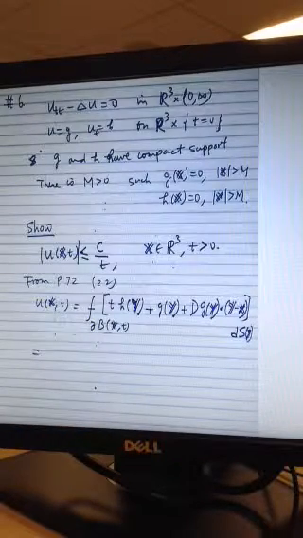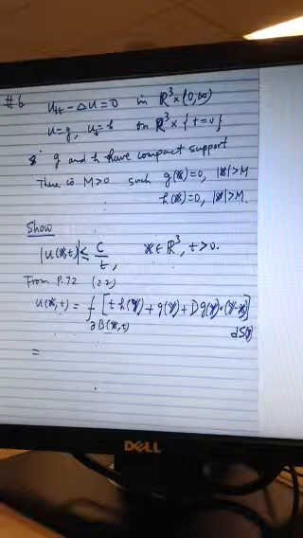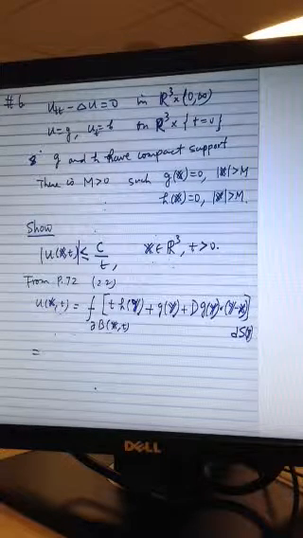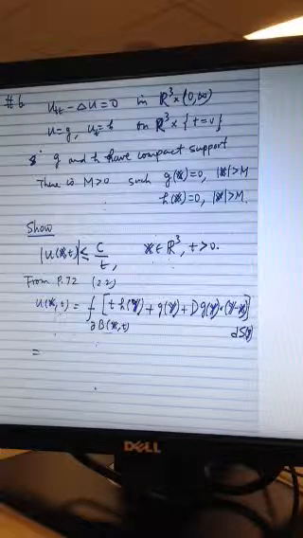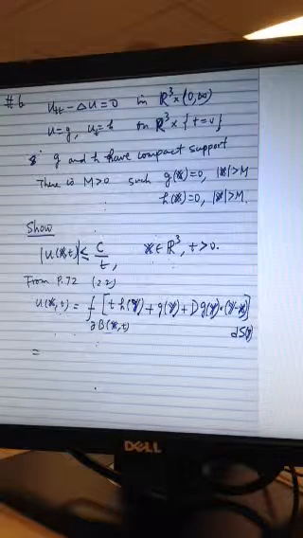If I look at the formula for that in the appendix, A3, page 702, it's this formula.